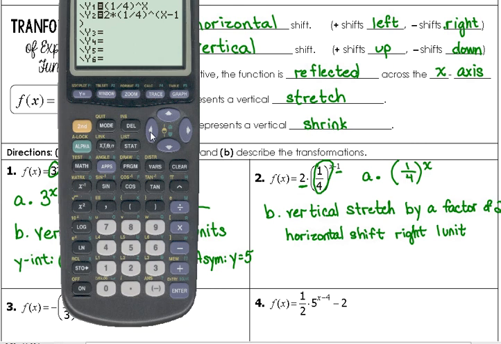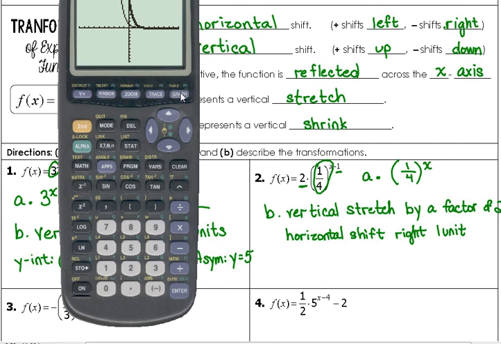So, let's see here. Let's make this one darker so I can tell the difference. Okay. So here's the original parent function, and here comes the transformation. So it's kind of hard in this window to see that vertical stretch, but it is steeper than the other one, and it is shifted right 1 unit.